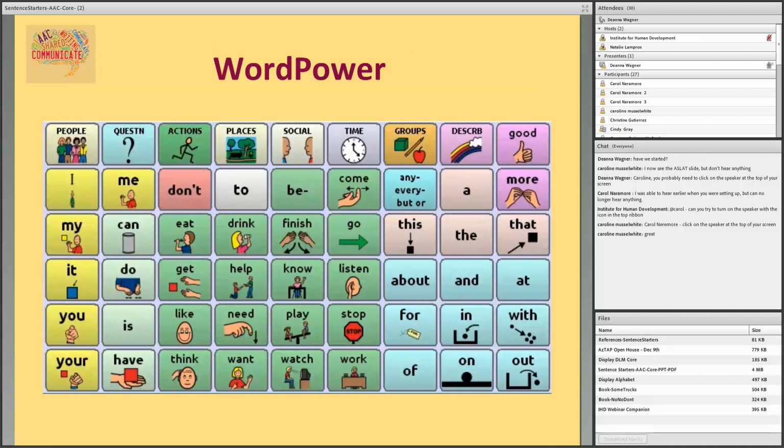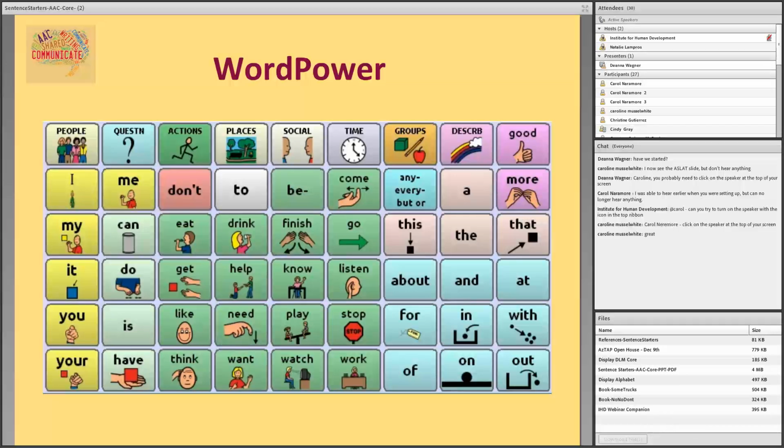When we look at WordPower by Nancy Inman, this is available on lots of platforms. So it's available on Prentke Romich Company's devices, it's available on the Dynavox devices, and it's also available on WordPower or the Chat Wrap by Saltillo.